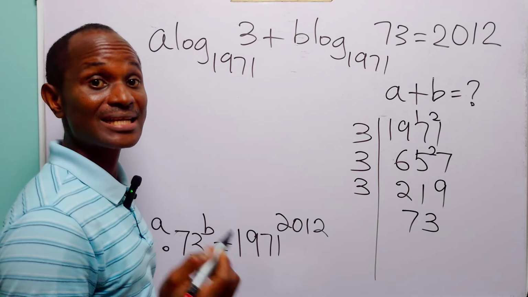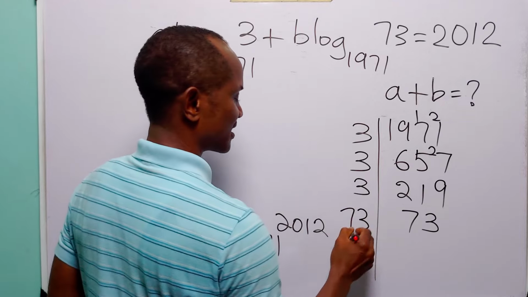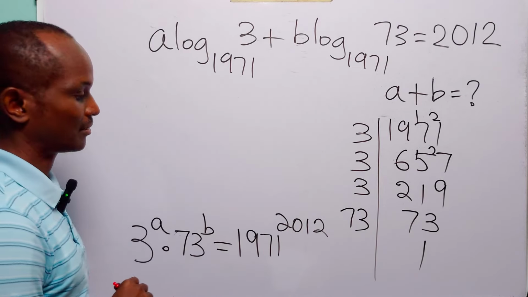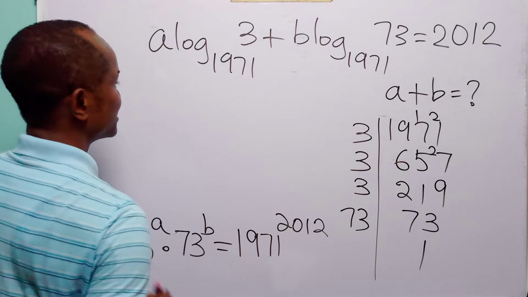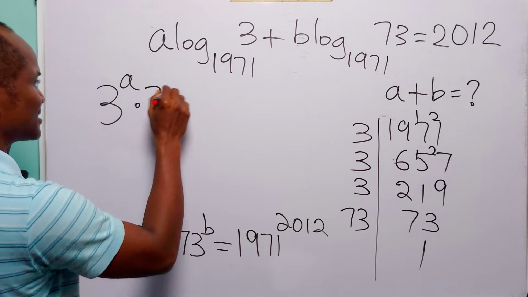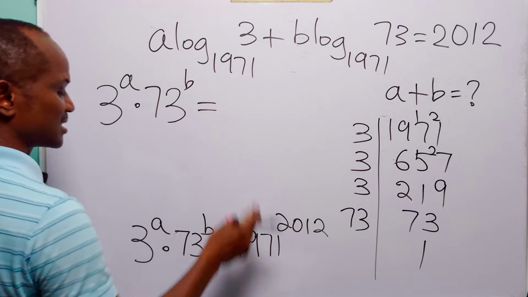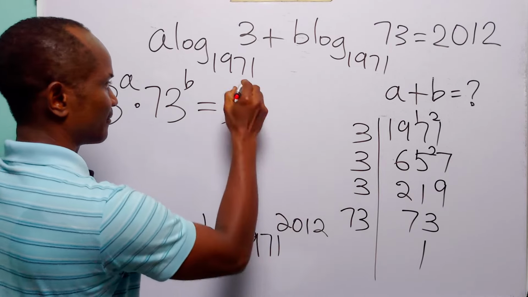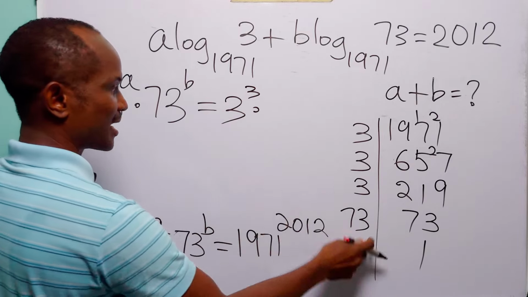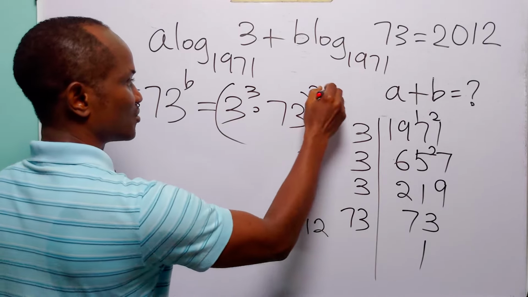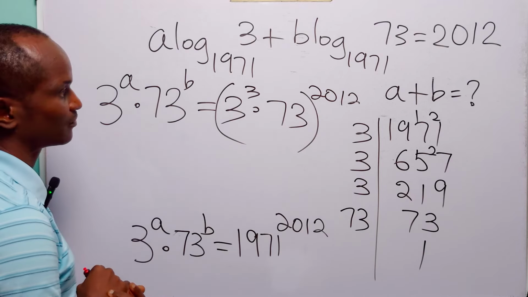Of course, 73 is a prime number. So here we have 73 into 73 is 1. So this can be written as 3 to the power a multiplied by 73 to the power b is equal to 3 to the power 1, 2, 3 multiplied by 73, all to the power 2012.